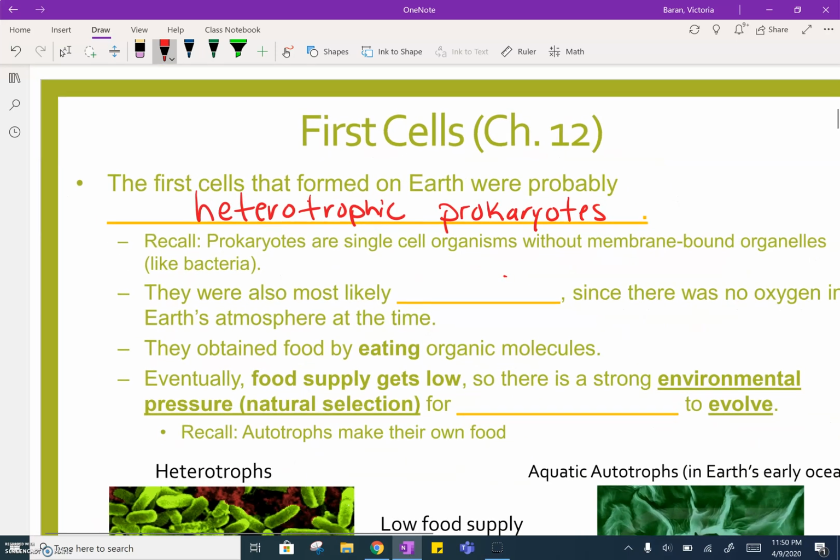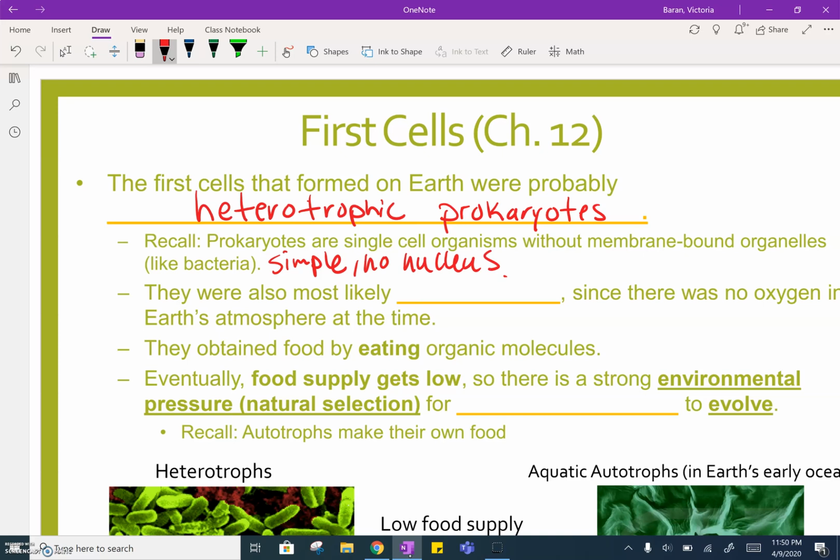Heterotrophic meaning that they had to acquire their food by obtaining it somehow, eating it, and they could not make their own food. They are prokaryotes, so they are single-celled organisms that don't have a nucleus or membrane-bound organelles. So they are very, very simple, and they have no nucleus.